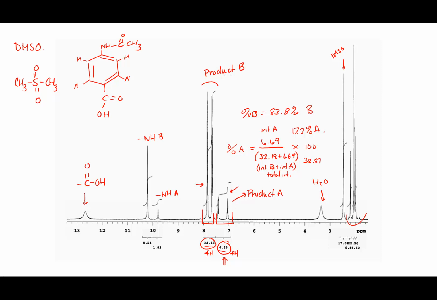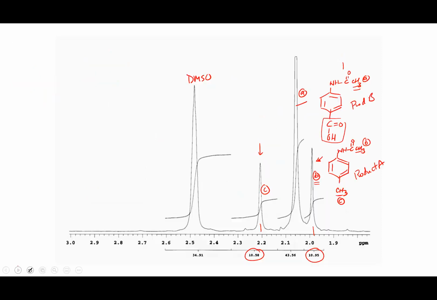We could do the same thing with the methyl groups if we want. Now in this case, I'm only going to compare the integration of the methyl group that's attached to the carbonyl. So I'm going to compare these 2 integration values. The integration value of product B is 43.56, and the integration value of product A is 10.95.